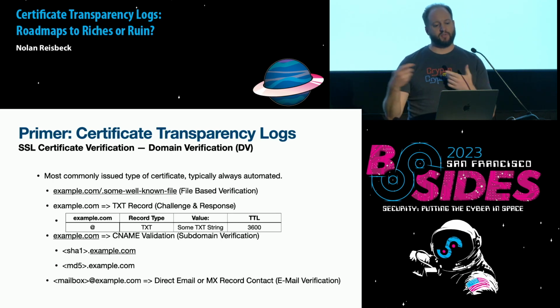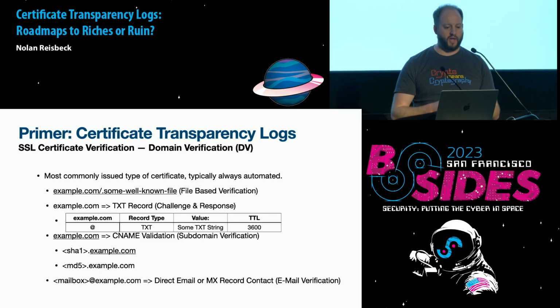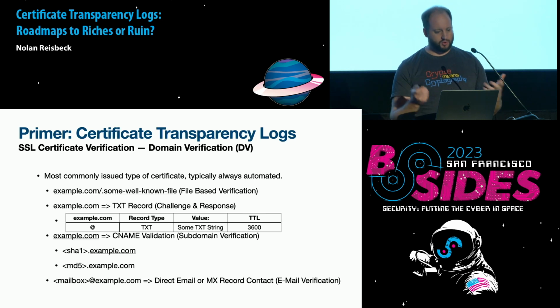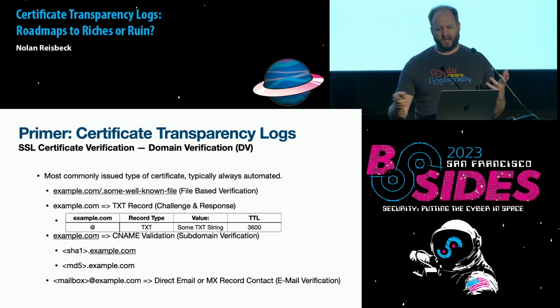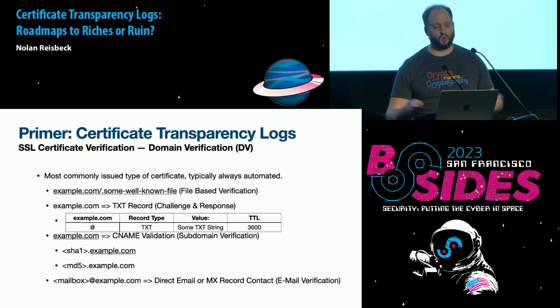And then the certificate issuer or the certificate authority issuing that certificate will then go and wait some time, look up the value of the text record. If it matches the value that they provided you and told you to put in there, they will turn around and do what they need to do on their side and then hand you back a certificate. So generally speaking, that's the flow for domain verification through Let's Encrypt or the ACME process.